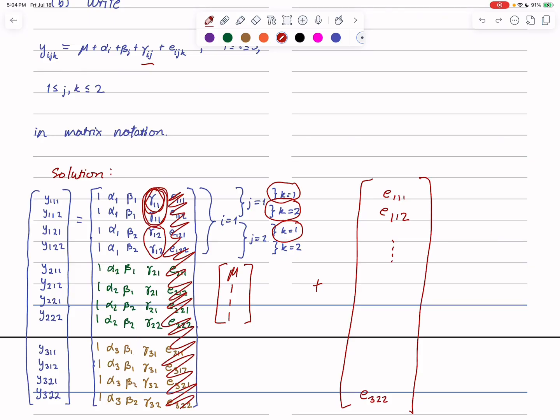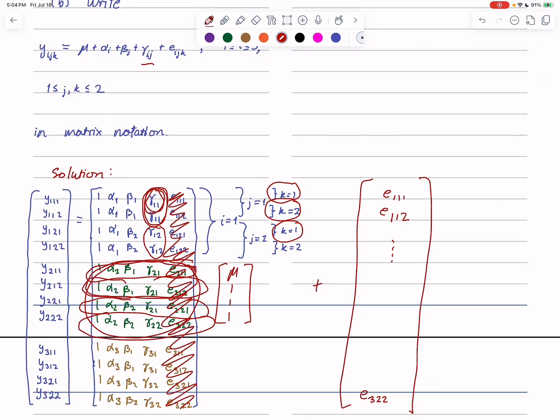So this is the region where i is equal to 2. This is the region where i is equal to 2 and j is equal to 1. And then this would be the region where i is equal to 2, j is equal to 1, and k is equal to 1. This would be k equals 2. Here j would increment to 2 and k is back to 1, and so on and so on.